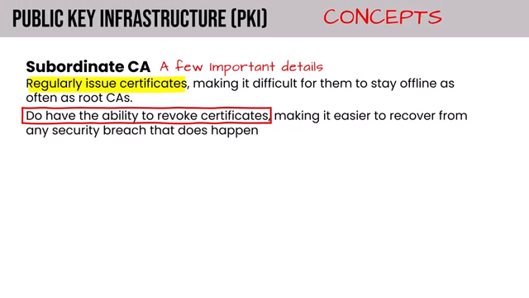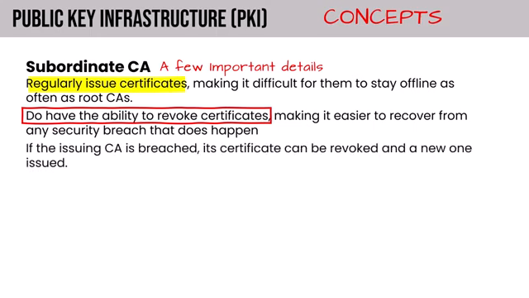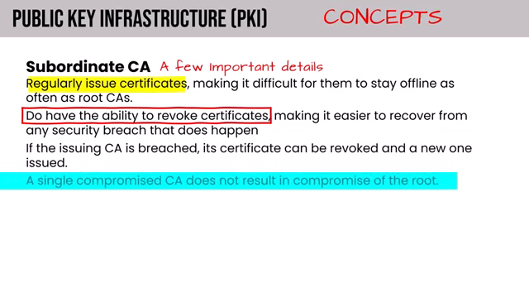Now, any certificates coming from that issuing server that was compromised will have to be reissued as well, but we can recover. So when that issuing CA is breached, we just revoke the certificate and issue a new one and then reissue those affected client certificates. But a single compromised CA does not result in compromise of the root when we have that multi-tier hierarchy. If we have 2 or 3 layers, we're good.